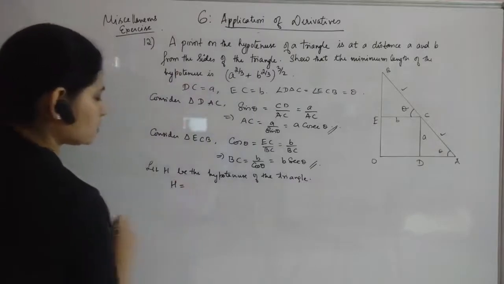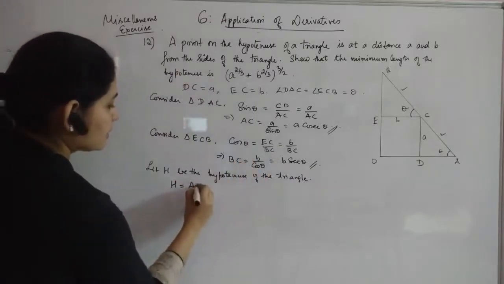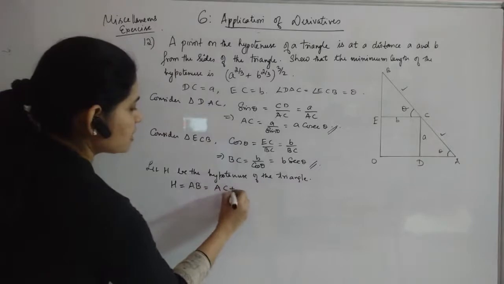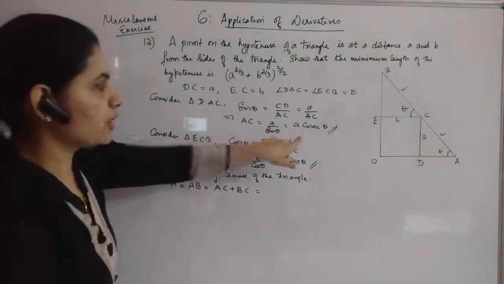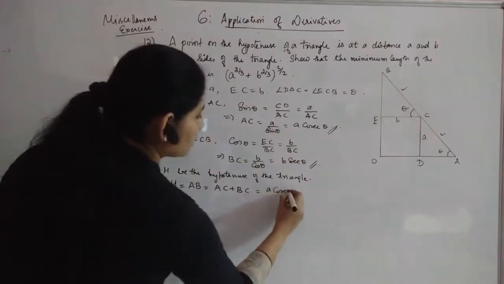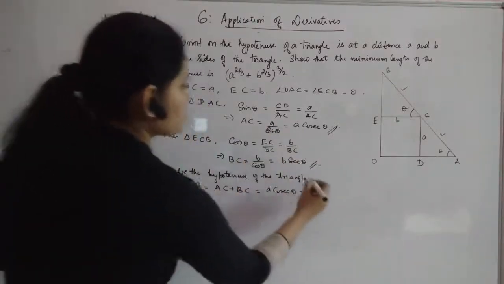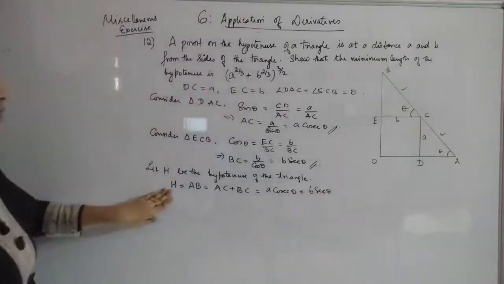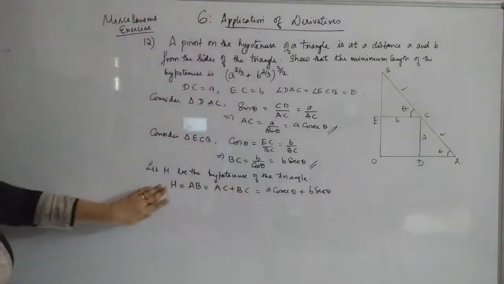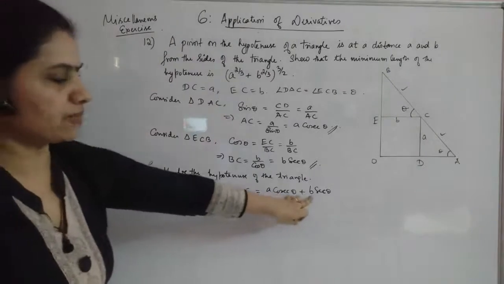So h is equal to AC plus BC, right? Now you have got AC to be A cosec theta plus BC is B sec theta. So this is what your function is: h is equal to A cosec theta plus B sec theta.